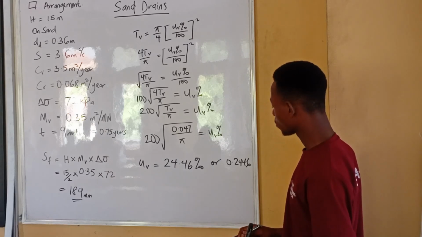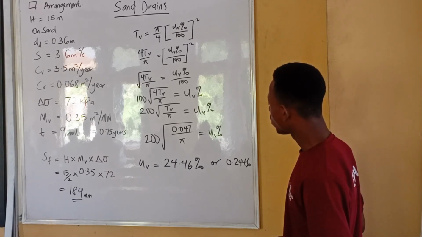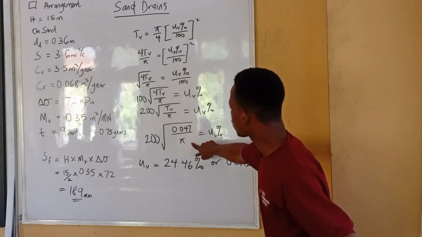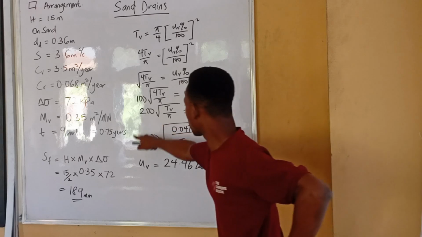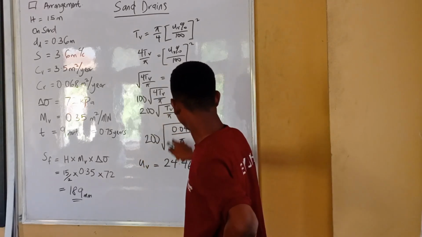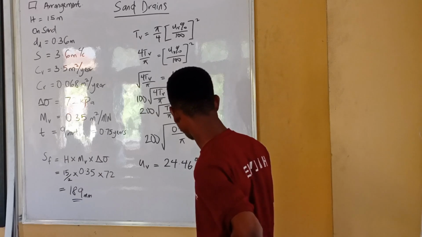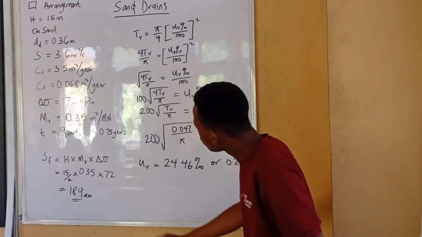Multiply by 100. You take 200 square root of this divided by 3.14. Yes. So we got our UV now.